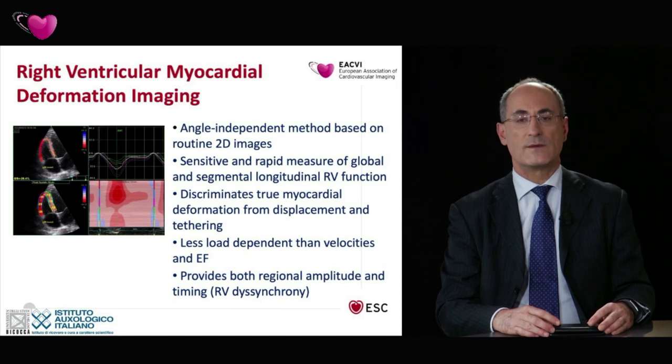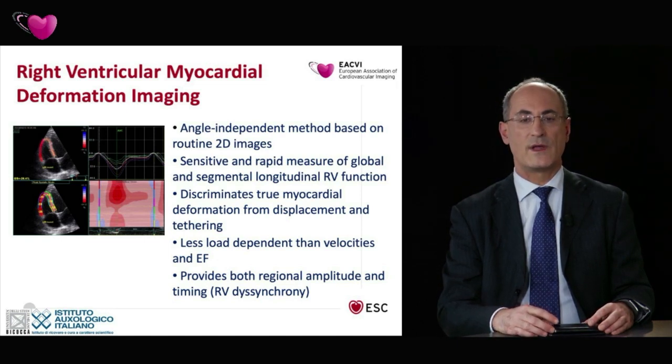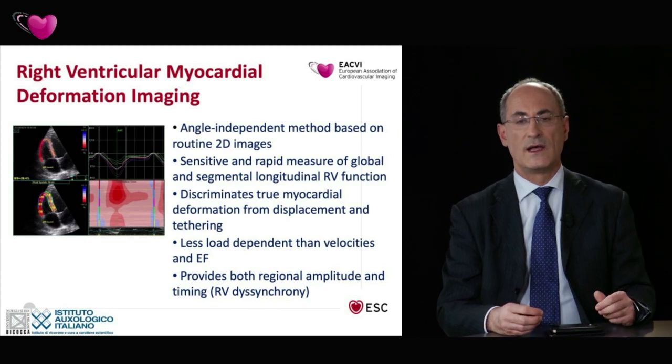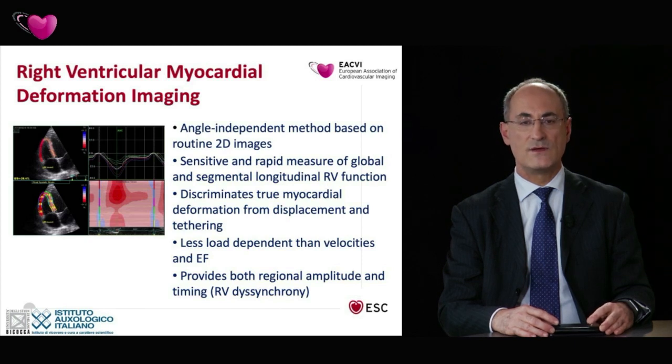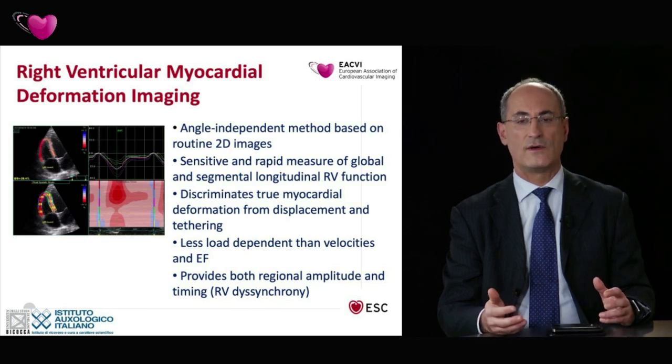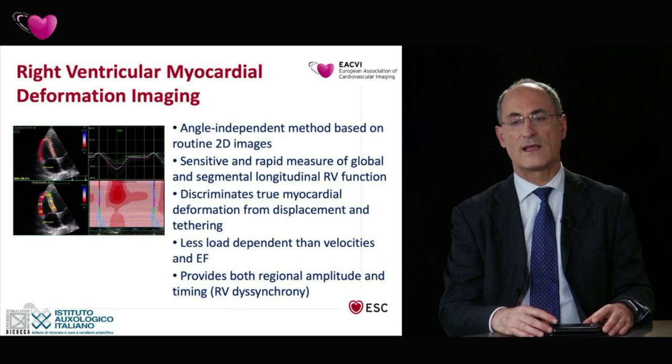It's important because strain measures the actual myocardial deformation, and so discriminates myocardial function from displacement and tethering. It's less load dependent than velocities and ejection fraction, and so can be used in an overloaded ventricle, in conditions like pulmonary hypertension or severe volume overload, like severe tricuspid regurgitation.